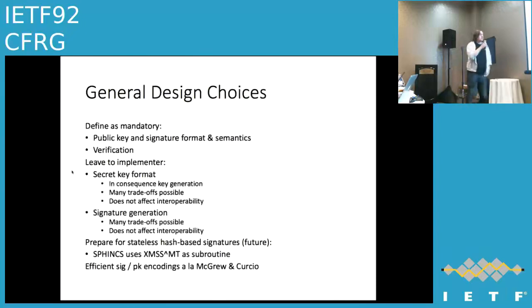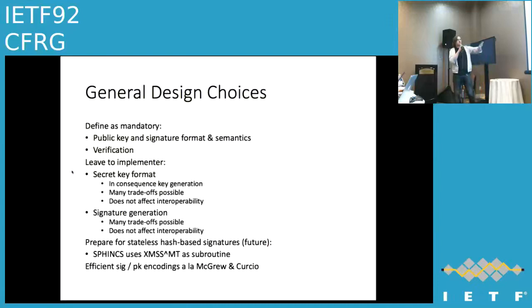Our general design choices in the draft: we only define public key and signature format, semantics, and verification. We leave to the implementer how the secret key is implemented, and in consequence also how the key generation works in detail. We only specify how you compute a public key given a secret key.